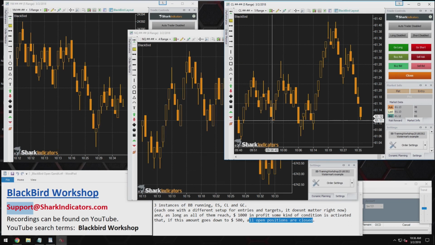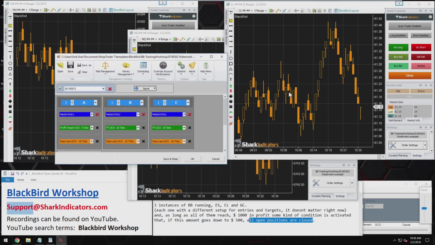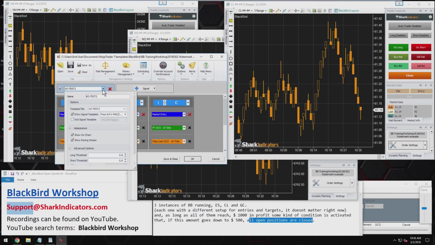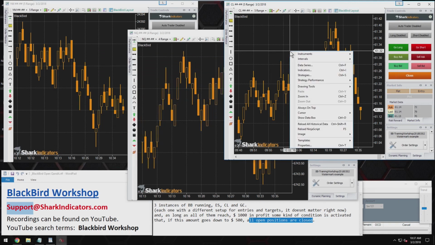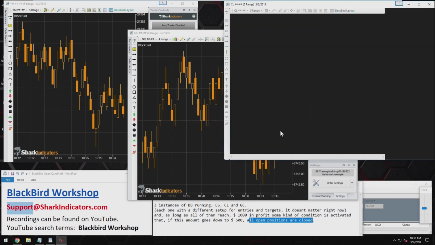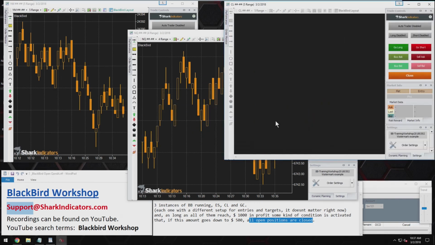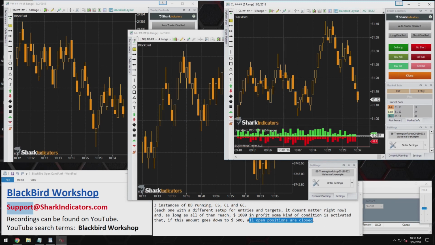Great. Next thing, let's get these charts set up. So let me just back up here. I'm using BloodHound signals, and I also have the options to show BloodHound on the chart and show the racing stripes, right? But we don't see BloodHound on the chart, not yet, and that's because NinjaTrader requires us to reload the NinjaScript, and then that enables BloodHound to be put on the chart here.